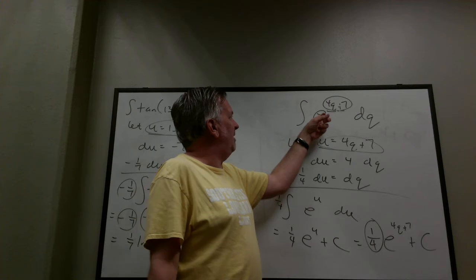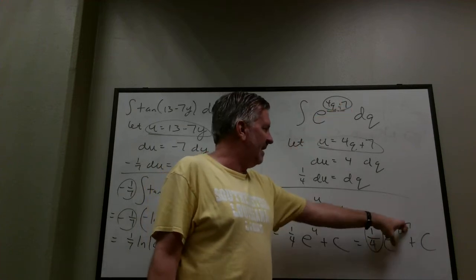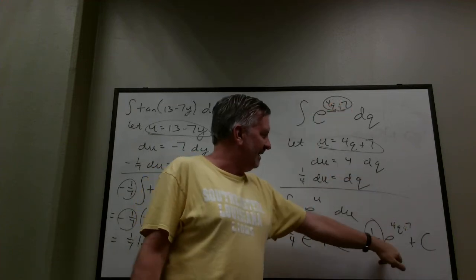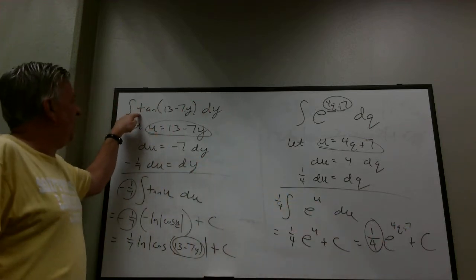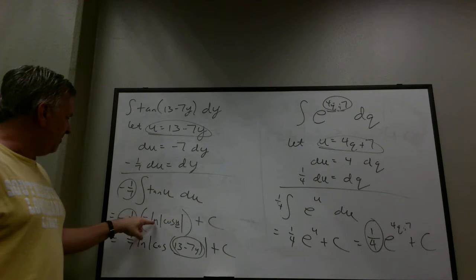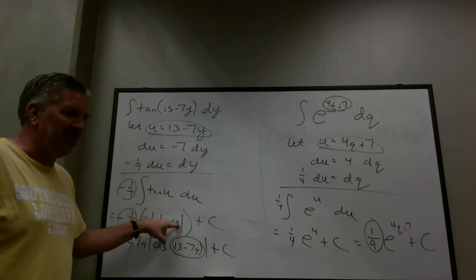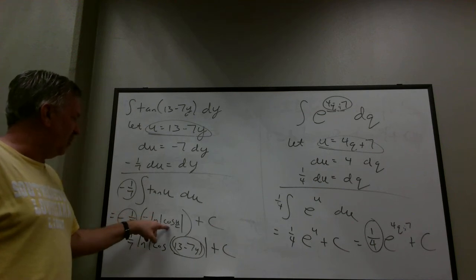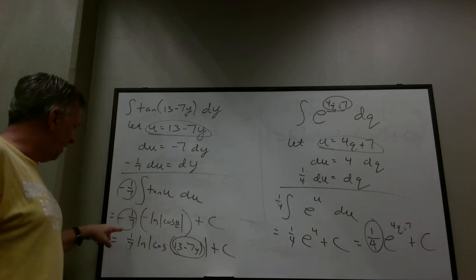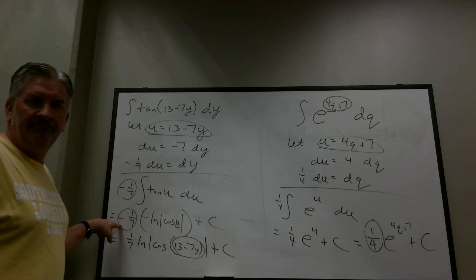What's the integral of e to the x? E to the x. The integral of e to the linear is e to the linear, adjust for the slope. What's the integral of tan of x? Minus natural log absolute value of cosine x. So what's the integral of tan of linear? Minus natural log cosine linear. Adjust for the slope.